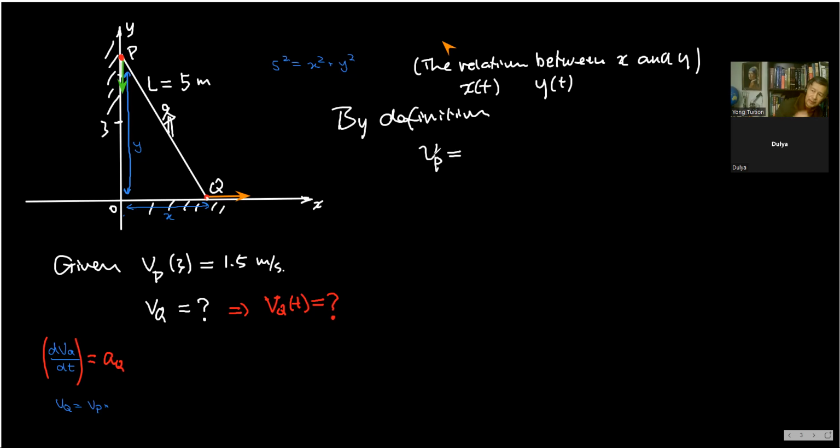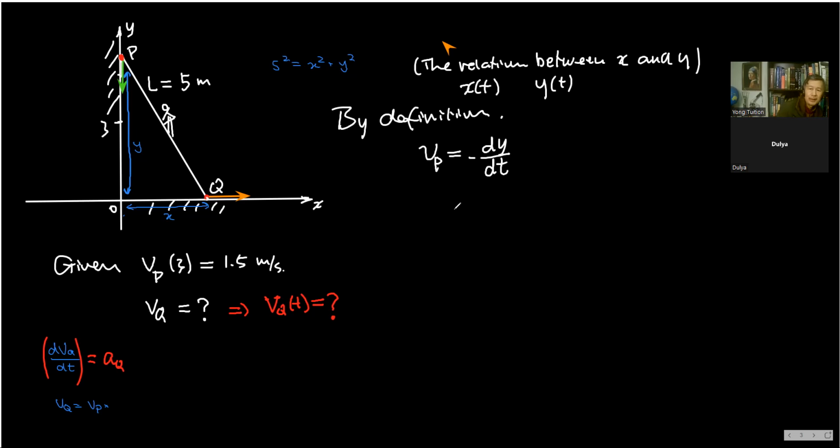After we studied calculus, it is not distance, it is displacement: dy over dt. But because it's falling down, we put a negative sign here.